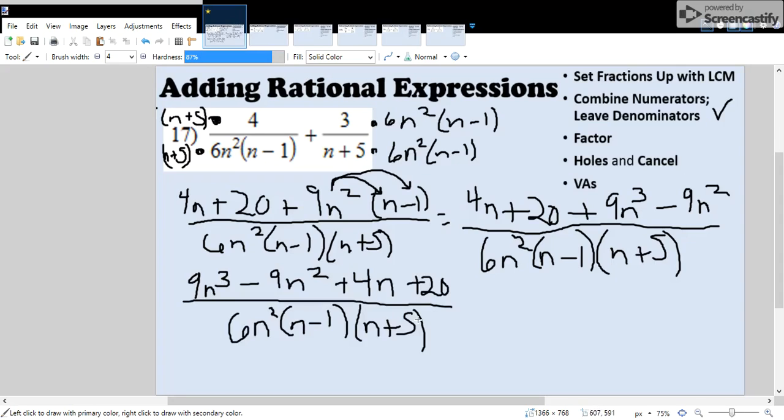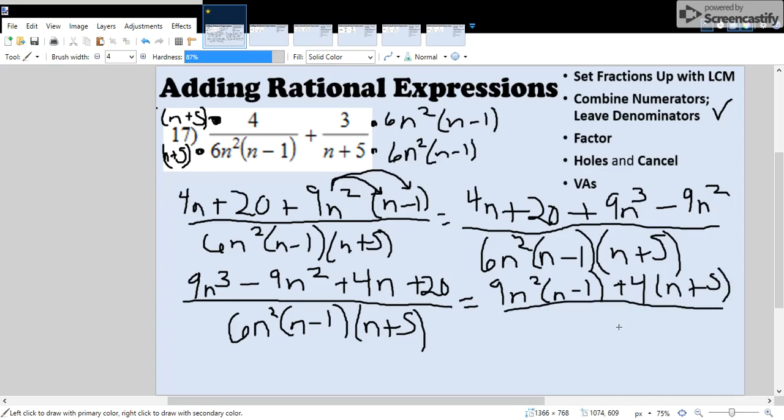Well, let's go ahead and try factor by grouping. These first two terms both have a 9 and an n squared, and then we're left with n minus 1. If we take the second two terms, we can take out 4, and we're left with n plus 5.